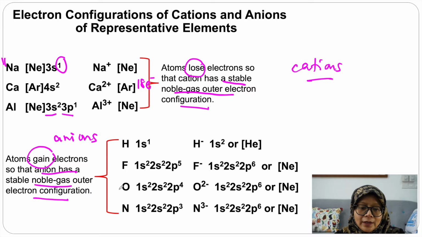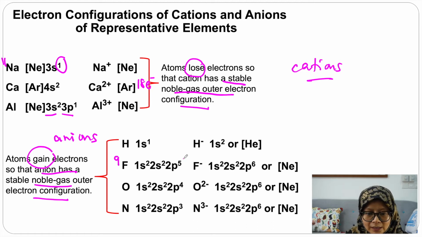Let's look at one example for an anion. Here I have fluorine, with proton number 9, or 9 electrons. The electron configuration will be 1s2, 2s2, and 2p5. This fluorine has a tendency to gain 1 electron.